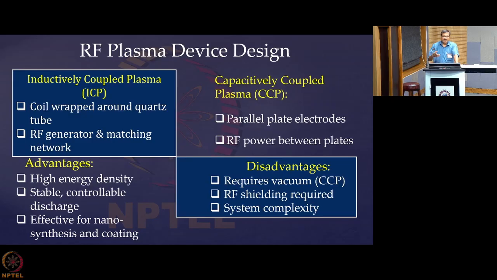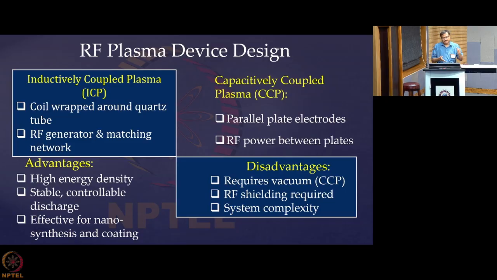Now the advantage of this ICP device is that it can provide high energy density, and a stable, controllable discharge, effective for nanosynthesis and coating. Because of the high temperature, you can utilize both the top-down approach and the bottom-up approach.